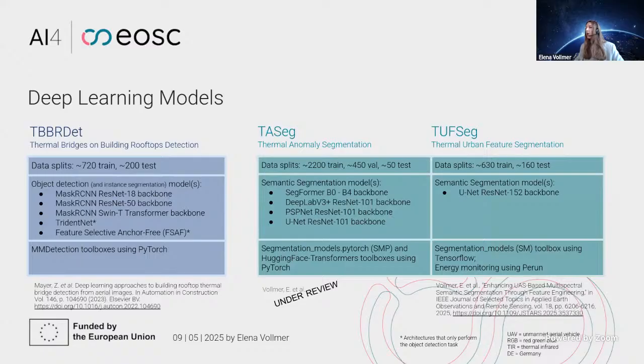The thermal urban feature segmentation was more a comparison of different data preprocessing methods, so that focuses only on the UNet CNN using TensorFlow. I also implemented some energy monitoring to identify how much energy the training consumes.